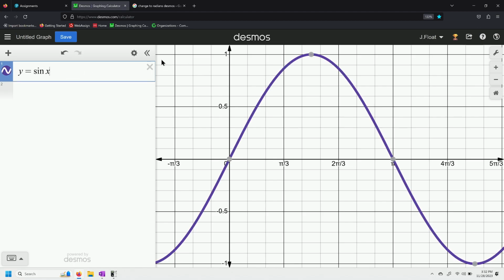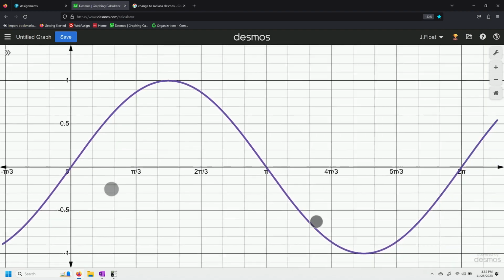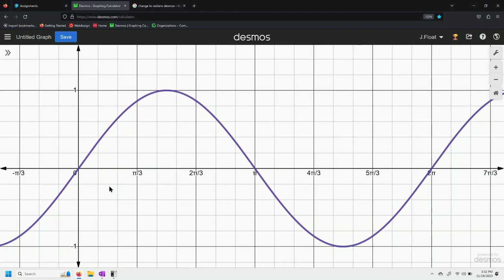Here's y equals sine x, all right? So you can see here that we have a maximum at pi over 2 comma 1, and then a minimum at 3 pi over 2 comma negative 1. So I'm going to write them down, all right?